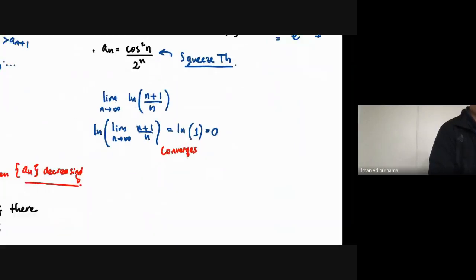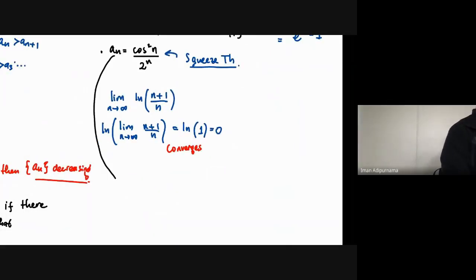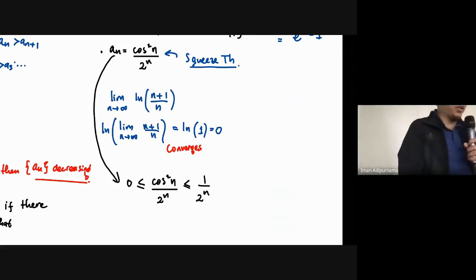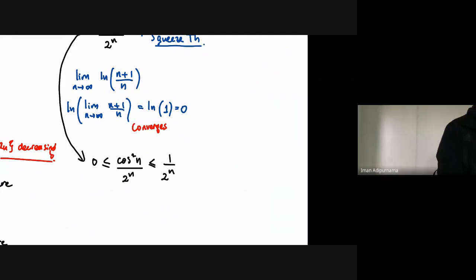So first, to use the squeeze theorem, we need to define or prove. Let's say I give you the exact answer is this, but actually we need to prove that this is true. Then we can say the limit as n approaches infinity of this sequence is 0.